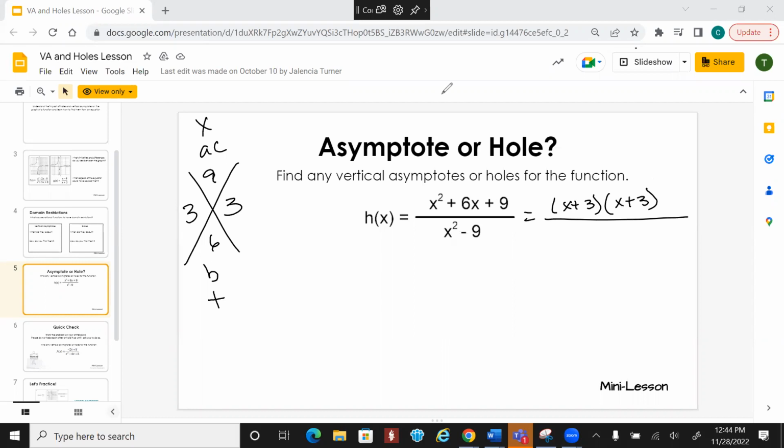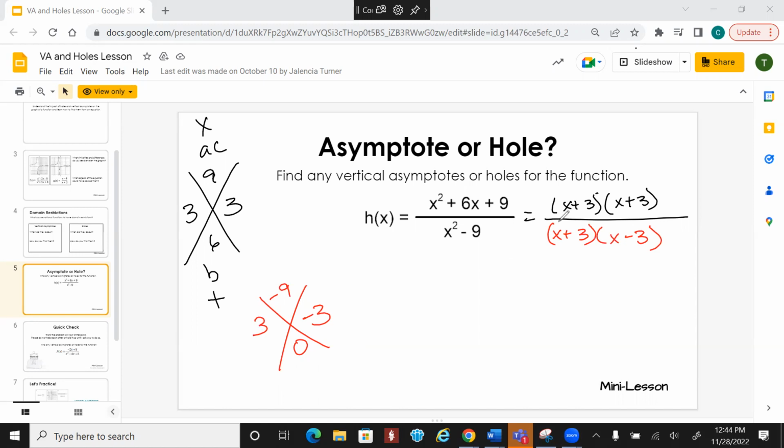On the bottom, we're going to factor. A times c is going to give us -9. There's no b term, so that's going to be 0. What two numbers can I multiply together to get me -9, but add together to get me 0? 3 and -3. So it's going to be x plus 3 and x minus 3. Now, you see that there's a repeat in the top and the bottom.